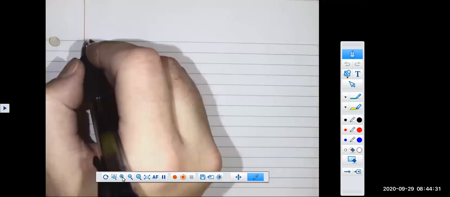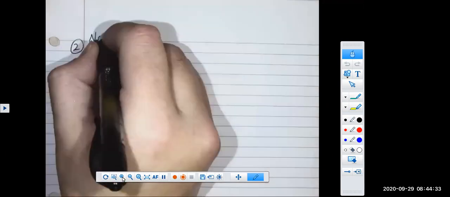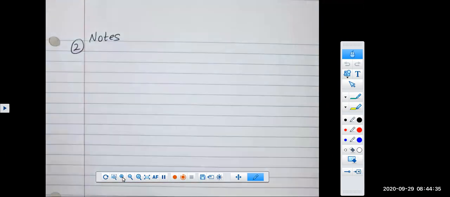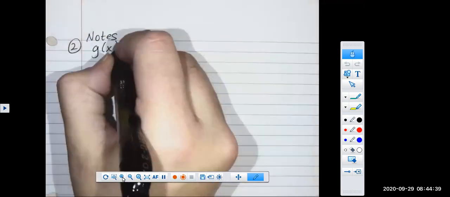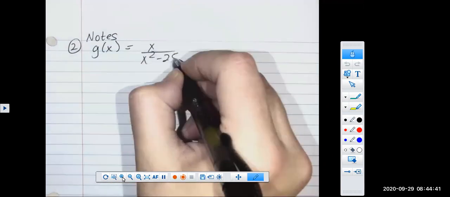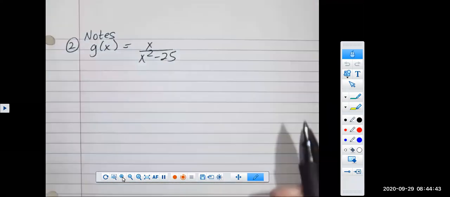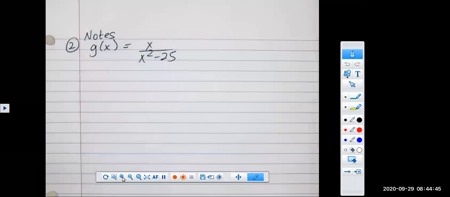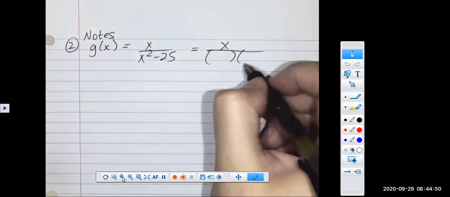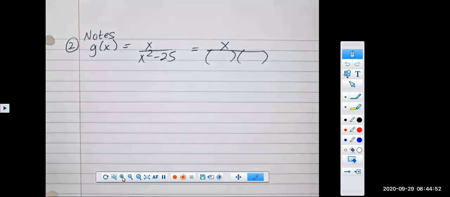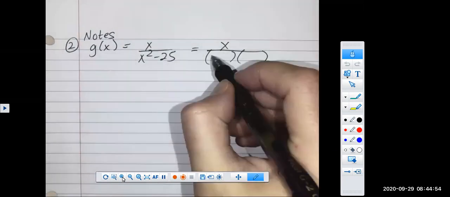All right, this is number 2 from your notes. You've got function g of x equals x over x squared minus 25. Tell me how would the denominator factor? Into x plus 5, x minus 5.